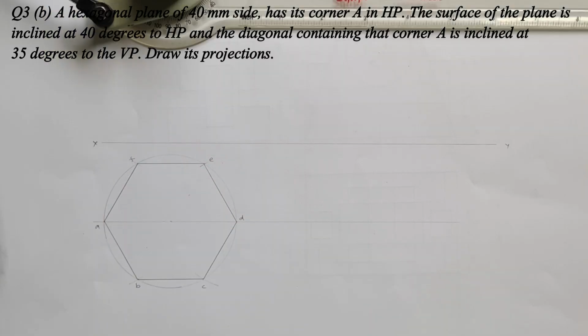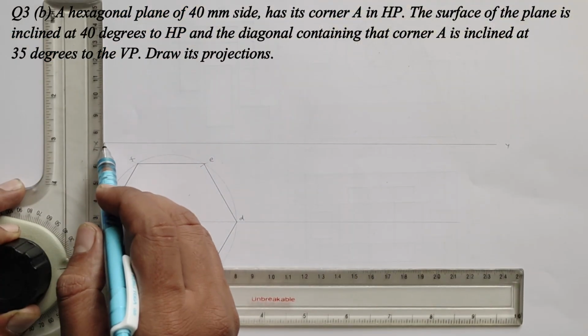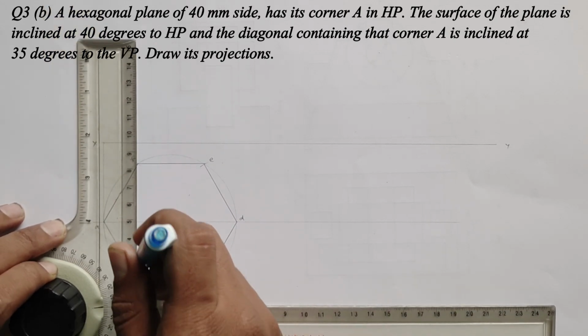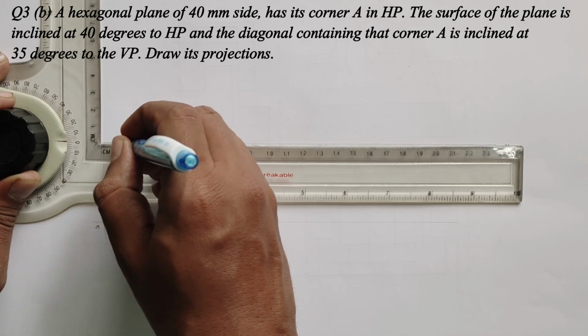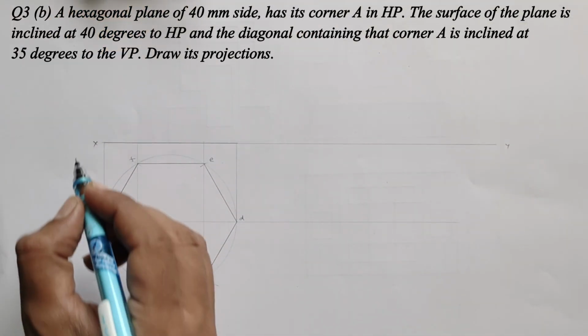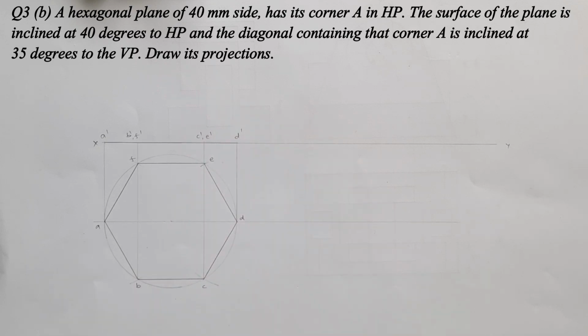Without considering the surface angle, the complete hexagon will be in HP. Corresponding front view names. Now taking the surface angle here.